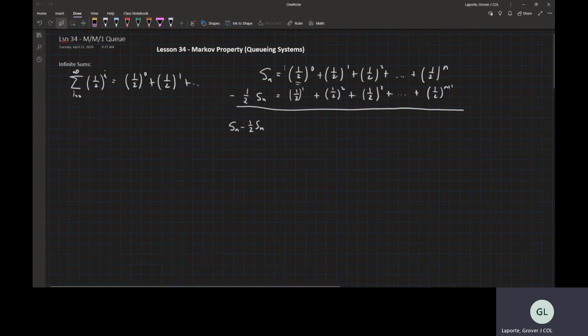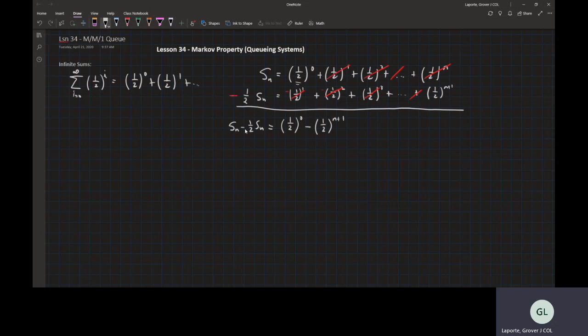And the right-hand side simplifies. 1/2 to the 0 stays, but the minuses mean each term cancels with the next one, and so really it only leaves us with two terms: 1/2 to the 0 minus 1/2 to the n plus 1.